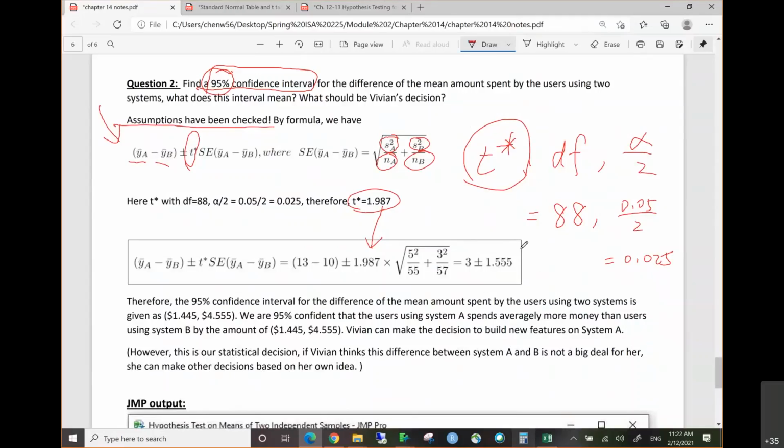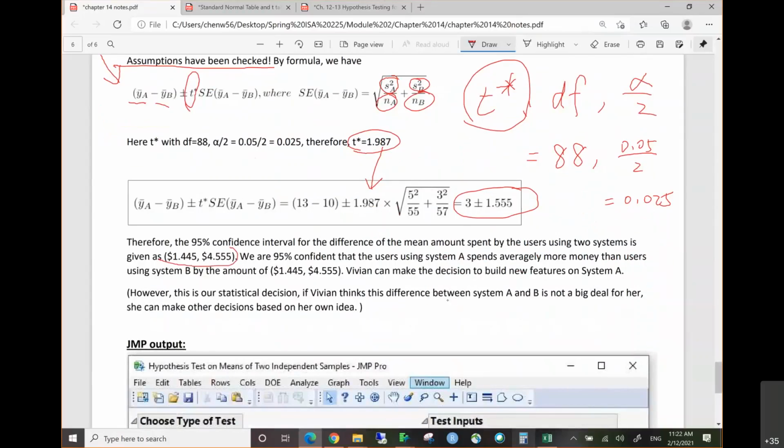So you just calculate your confidence interval, and then we have the interval format. The last thing I want to talk about is, once you have the confidence interval, how you can interpret it. Again, we have a positive confidence interval. This is about the difference between mu of A minus mu of B. It is positive, which means A is larger than B by this amount.